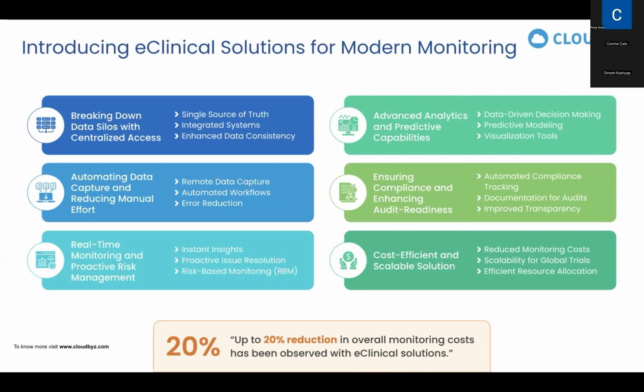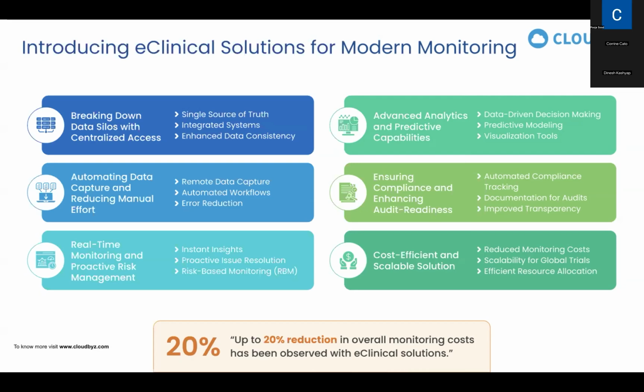And it also enables much more effective risk-based monitoring, right? That way you can identify each of the risk items, and all of those data points can be compared to the risk thresholds, and the system can alert when those thresholds are met. That helps monitors look at the right data points at the right time, and then decide whether they need a monitoring visit or not.